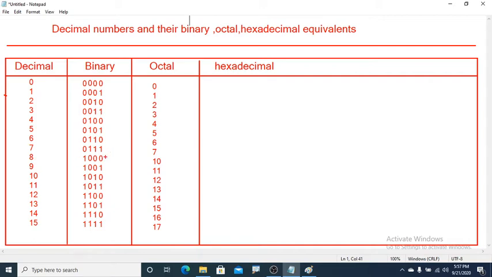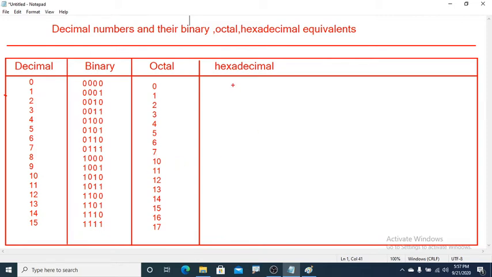And this binary number's equivalent octal number is 10. We will test this after completion of this table so you can understand clearly. So this is about octal numbers. We cannot include 8 and 9 because up to 7 only we are including octal numbers.